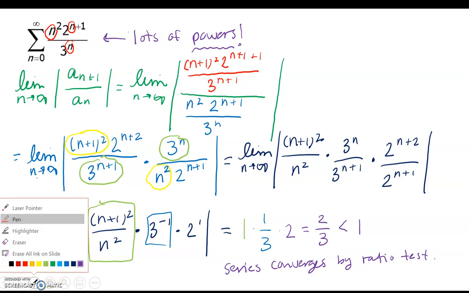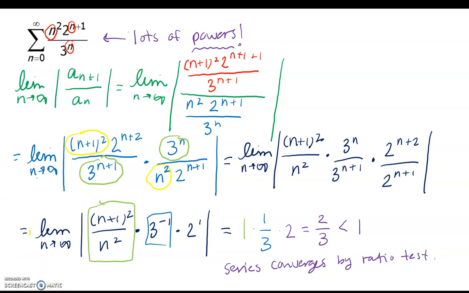Now, when it comes to what work you have to show, the limit setup. Notice it can be the one where you say a sub n plus 1 over a sub n. And then you have to show what that's equivalent to. You don't have to show where you originally plugged it in. You don't even have to show where you multiplied by the reciprocal.